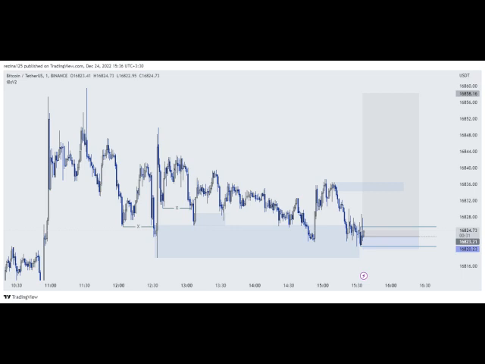Price is respecting this, right? For me this 4 hour CHoCH and M15 BOS are just indications to us that price is pulling back, and the pullback will likely be to mitigate something here on the extreme and then continue to the downside, because I don't assume order flow will change until it does, the same as structure, right?